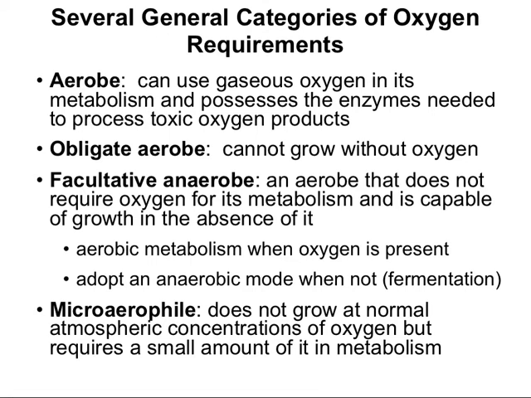They do not grow at normal atmospheric concentrations of oxygen, but they require a small amount in the metabolism. Most of these live in very low oxygen environments like soil, water, and some places in the human body. We'll see that most fungi, protozoans, and many of the bacteria that we study are actually obligate aerobes.